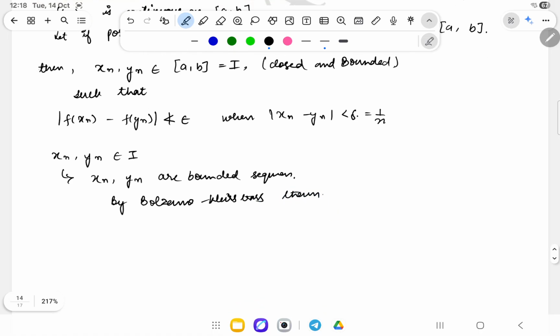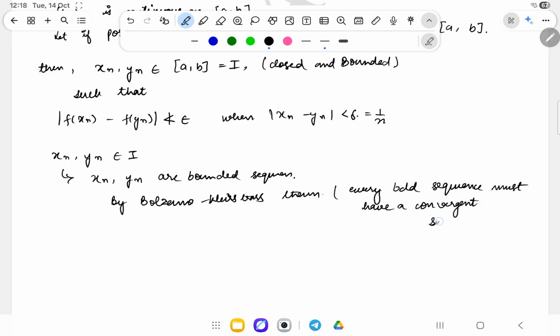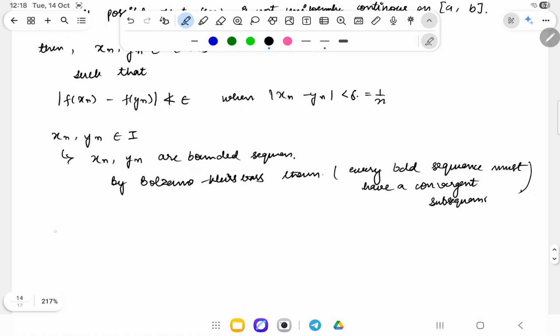So it states that every bounded sequence must have a convergent subsequence. So if that's true, then both xn and yn must have convergent subsequences.